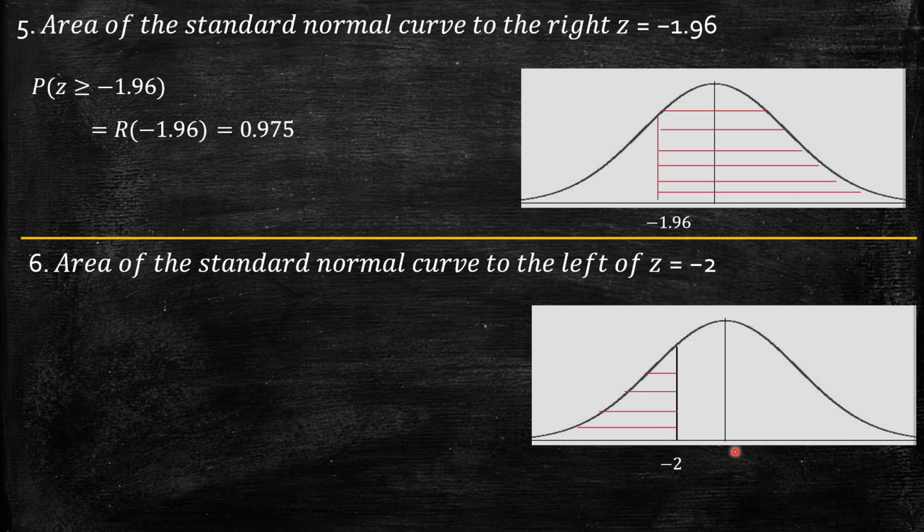We have to subtract A of 2 from the total left side area, which we know as 0.5. So 0.5 minus A of 2 gives the area of this region, or by using the calculator it is just P of minus 2. So the probability of z less than or equal to minus 2 is 0.0228. With this we can move on to the standard type of problems one by one.